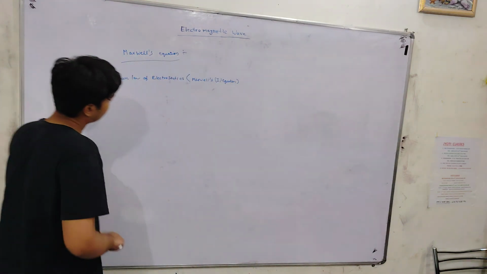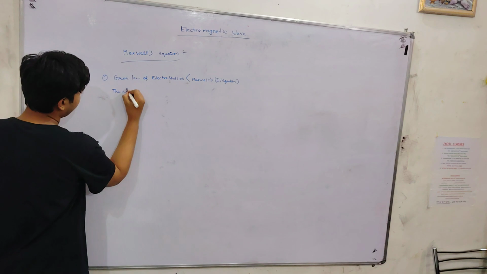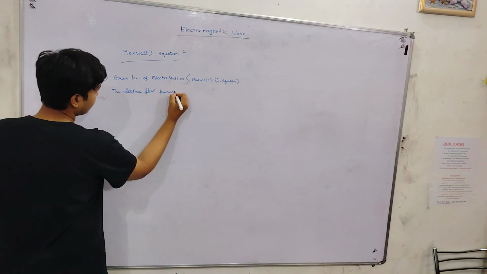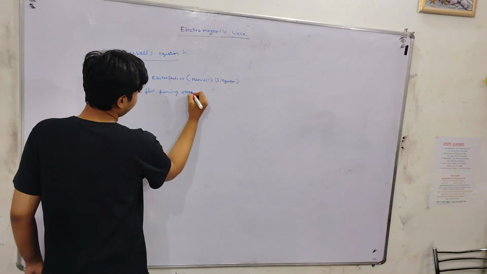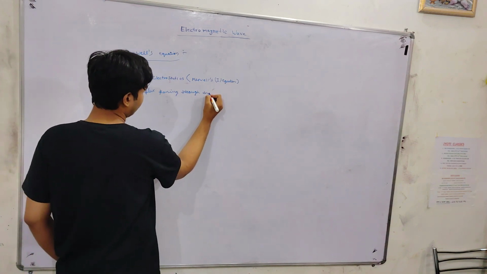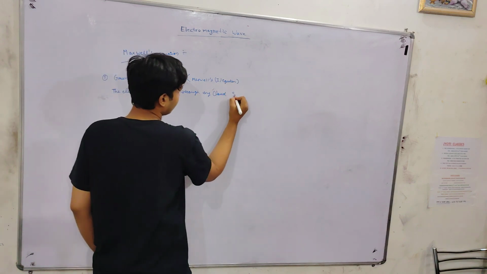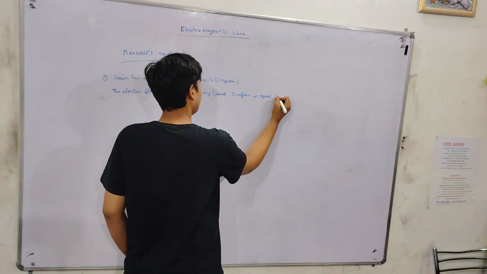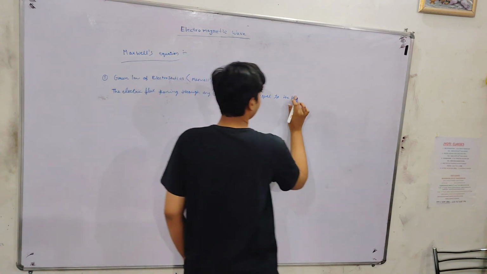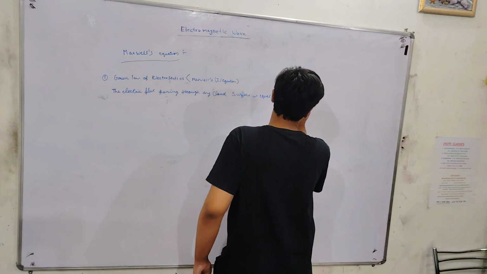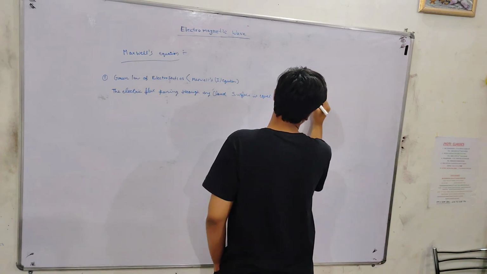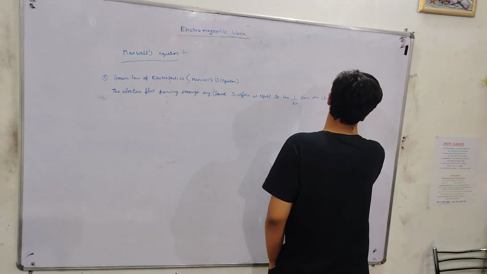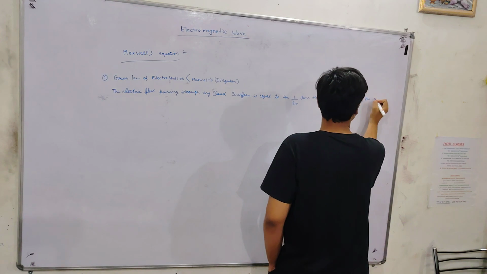The electric flux passing through any closed surface is equal to 1 by epsilon naught times the charge enclosed by the surface.